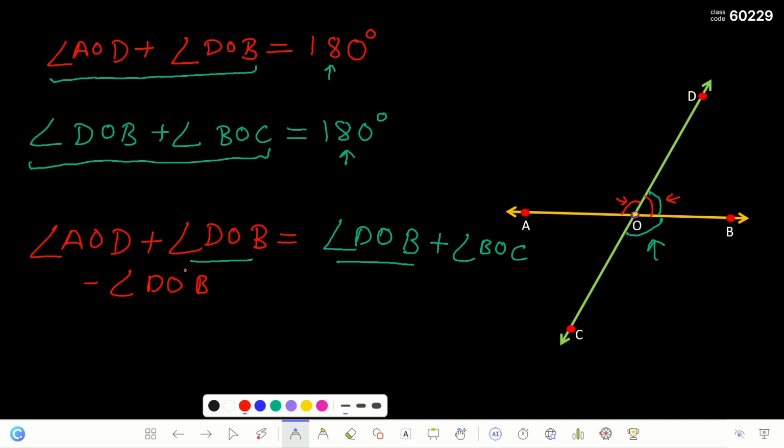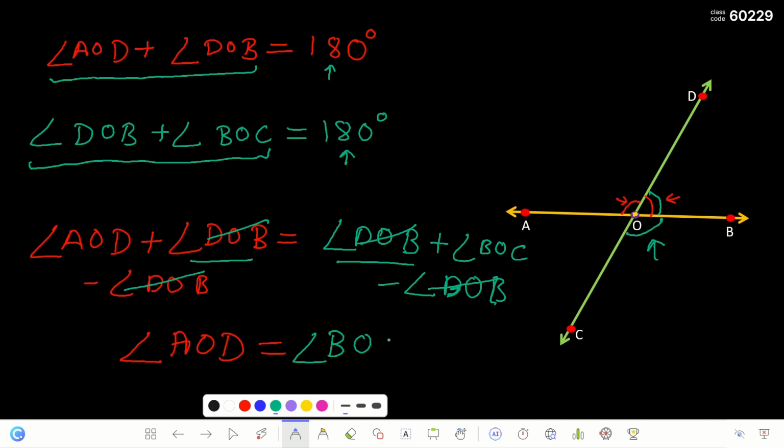It's after all a number, so I can do basic arithmetic even here, right? It's after all an angle, it's a number. Now I can subtract angle DOB from this side also. So DOB and DOB cancel out. Even here, this DOB and this DOB cancel out because DOB minus DOB is 0, and all I am left with is angle AOD is equal to angle BOC.